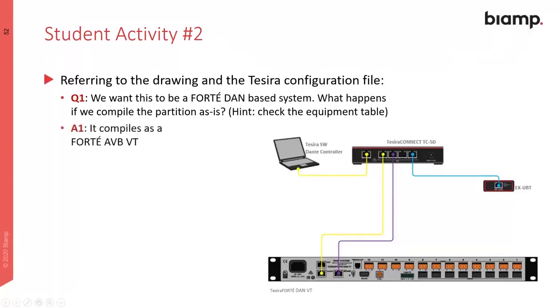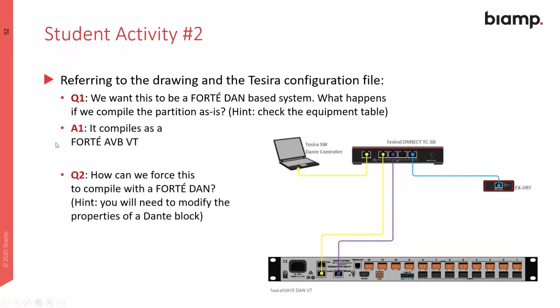So this is question number 2. We have forced the compiler to allocate the VT as Dan into our Dante block. So in this case, we have the right allocation of the Tesira Forte DAN VT plus the TC5D. I hope it makes sense.